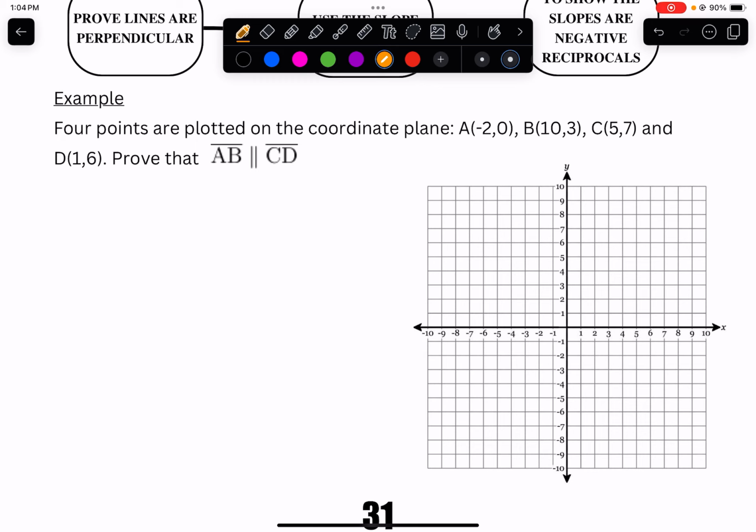So A is -2, 0. B is 10, 3. C is 5, 7. And D is 1, 6.